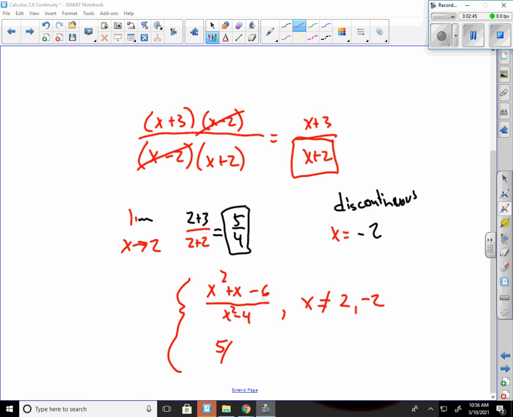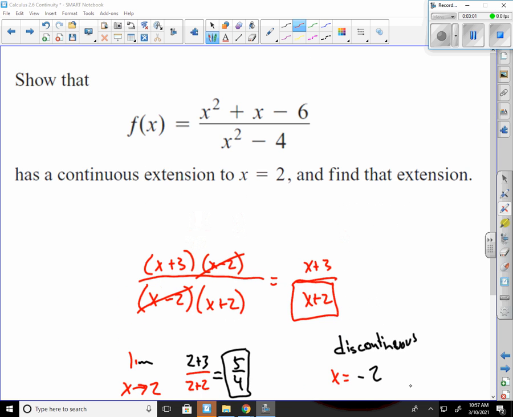And then I could do 5/4 at x equals 2. So now I remove that discontinuity at x equals 2. That's all that it asked us to do.